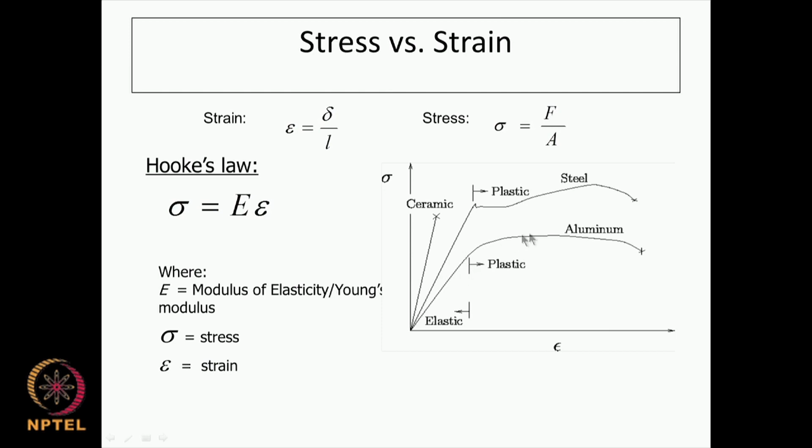In the plastic region the material will not come back to its original length even if you remove the force, whereas ceramic, if you look here, at a certain value of stress will just snap. So it will not go through the plastic region at all.